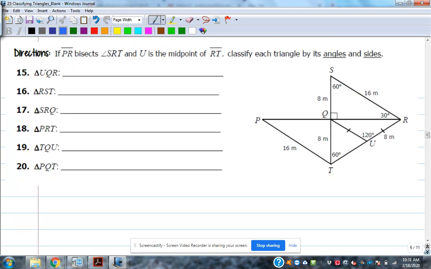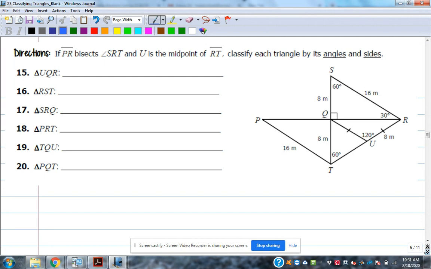All right. Much more complicated looking picture there. That's the fun part. It says if segment PR bisects angle SRT and U is the midpoint of RT, classify each triangle by its angles and sides.